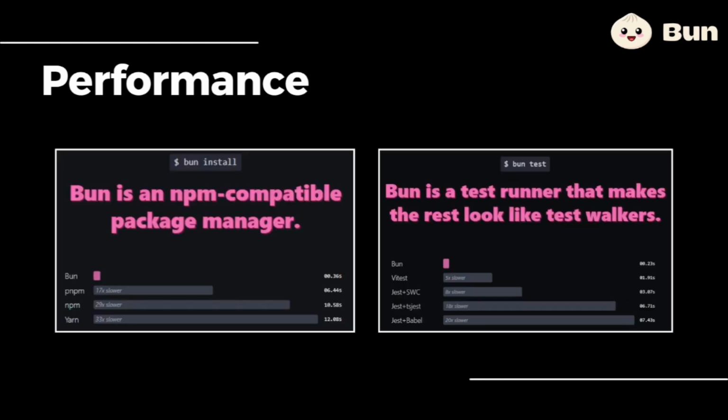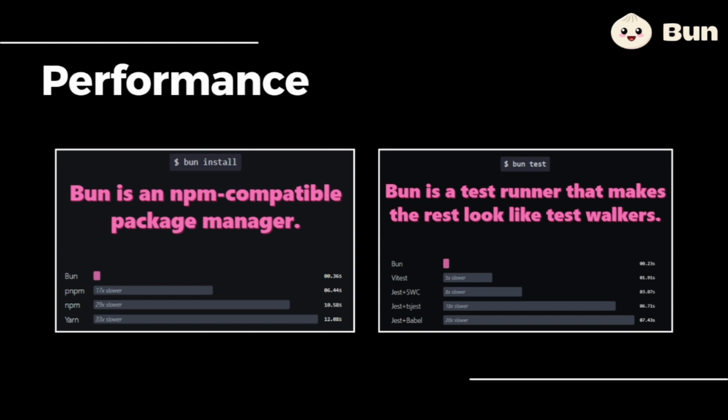And it's not just about execution. When you install a package with the package manager, Bun is 29 times faster than npm, and it can run tests 5 times faster than Jest.